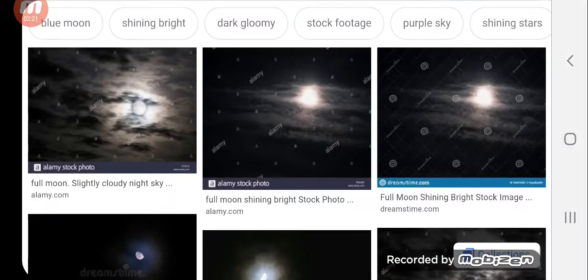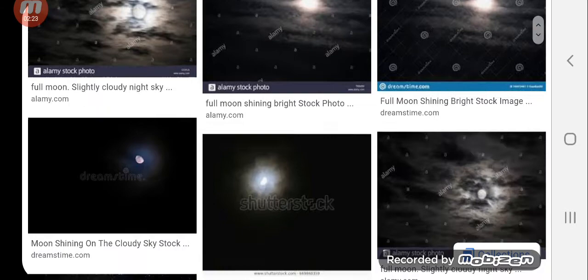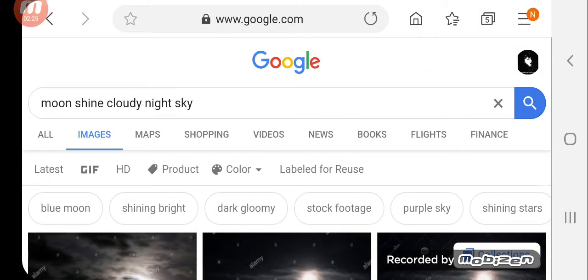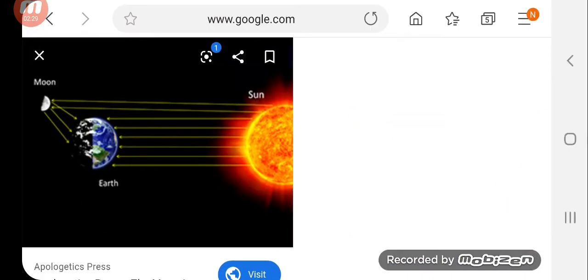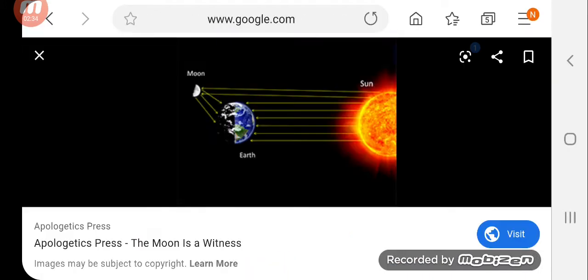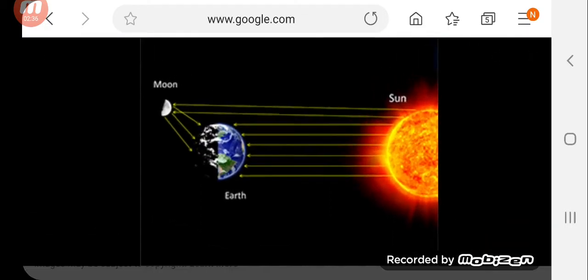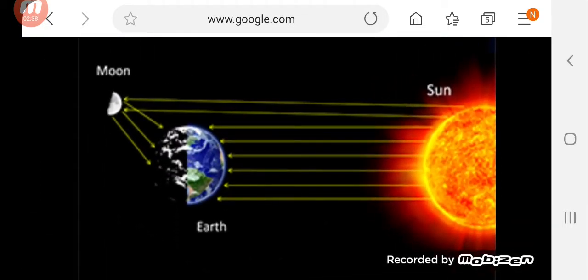And we are gonna look at the heliocentric model and what it shows us. So here we go. This is supposedly how things should work in the heliocentric model.